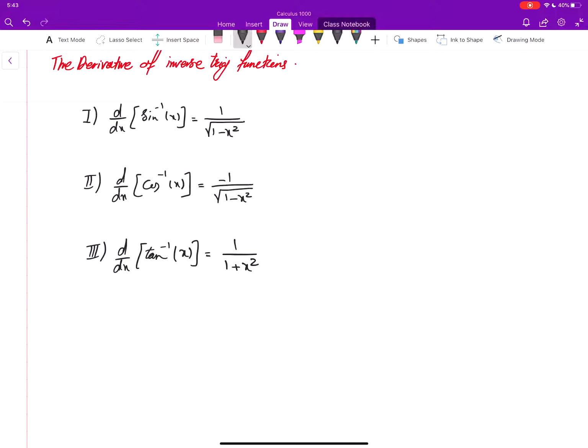Now the reciprocal versions of these guys. The derivative of cosecant inverse of x is negative 1 over x times the square root of x squared minus 1.